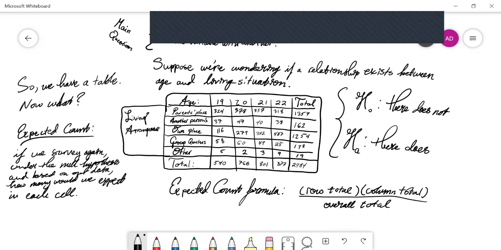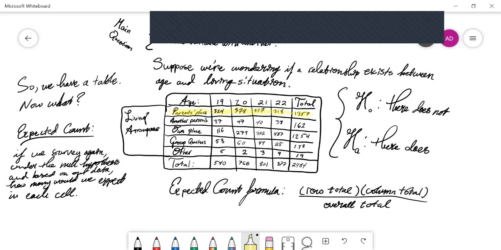So if you look at what's going on here, this row total is, say, for people living at their parents' place, 1357. Okay, let's do a little highlighter. So when I look at this total, I'm essentially looking at the entire row here.